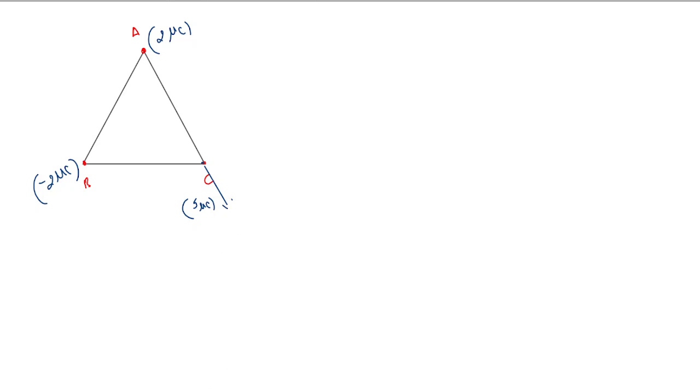We'll call this F suffix A. But the charges at point B and point C have different polarities. So the force which the charge at point B exerts on point C would be an attractive force. Hence, that force would be towards B, and we will call this F suffix B. So we'll find out what these forces are.